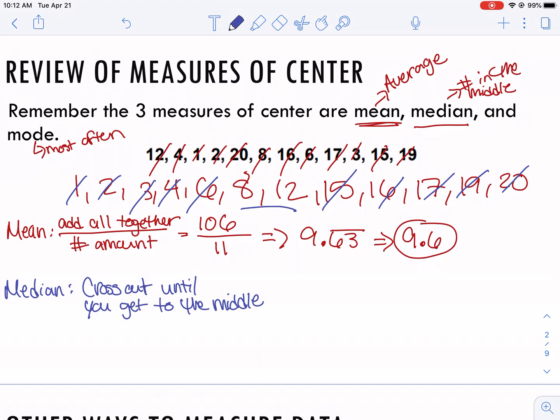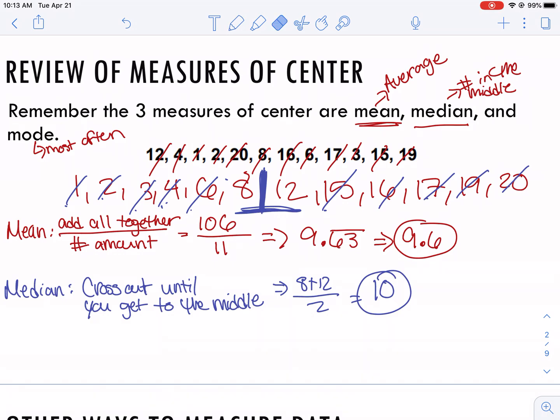So if we look here, when I cancel out, we get into the middle, where we're going to have two numbers, right? I was double counting, making sure I crossed out 1, 2, 3, 4, 5, and 1, 2, 3, 4, 5. So if I cross those both out, then we're like, what? Where'd the median go? So the median is the number that's in between the two of them. To find that in this case, I'm going to do 8 plus 12 and divide it by 2, and I get 10. So that's the median.